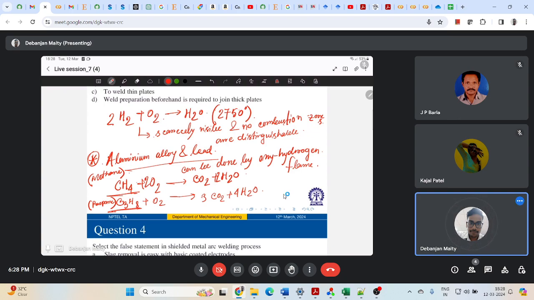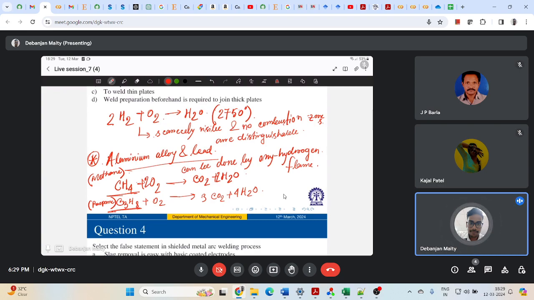Now, if the flame temperature reaches somewhere around 2700, 2800 degrees C, when it is high enough to weld steel, the flame atmosphere will be excessively oxidizing, right? You have to generate an excess amount of oxygen to reach such a high temperature.